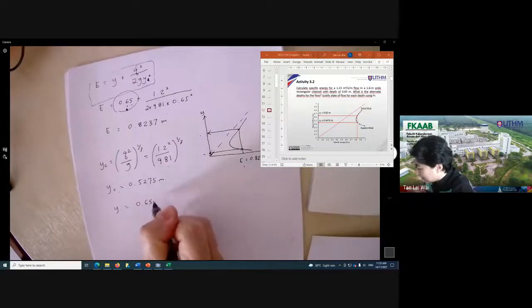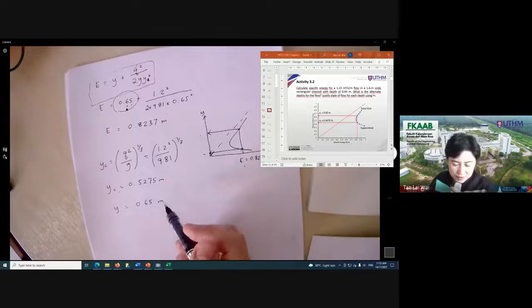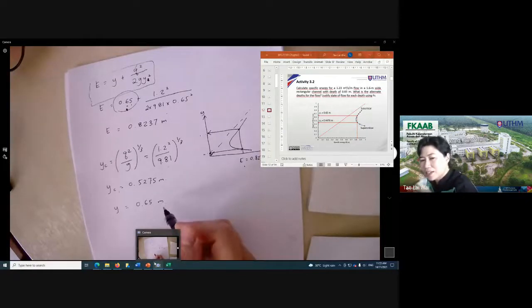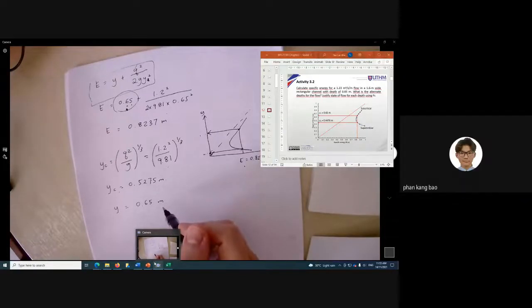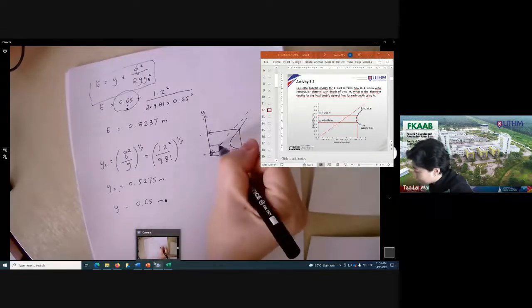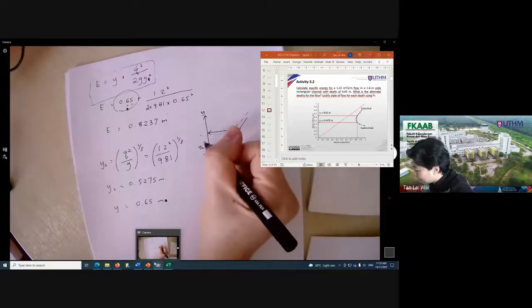Now comparing this depth, 0.65 meter, with this depth. Kang Pao, are you there? Yes, doctor. May I know, at this depth here, is it supercritical or subcritical state of flow? This is Yc, which is 0.52.